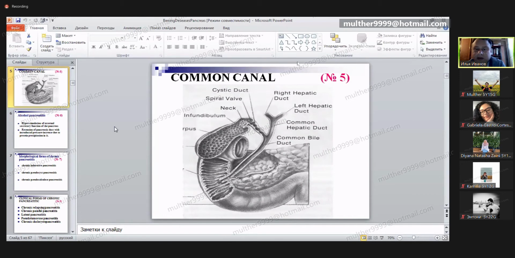The result of this is very fast spreading of the process in the retroperitoneal space with the development of, firstly, parapancreatic abscesses. It's not abscesses of the pancreas, because the size of the pancreas is not critical. Then development of retroperitoneal phlegmons, left or right, and sometimes total phlegmon of the retroperitoneal space.